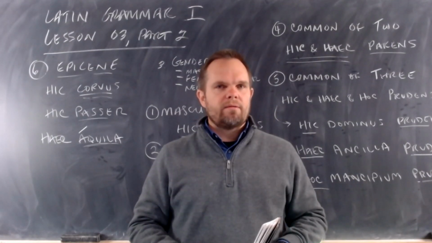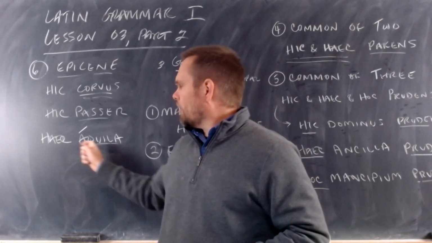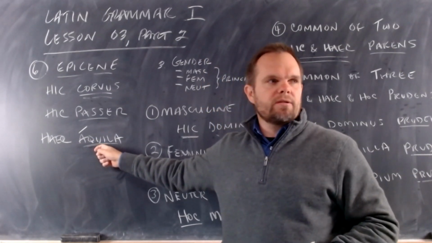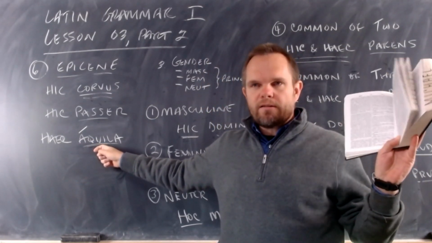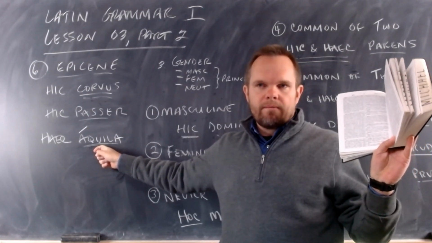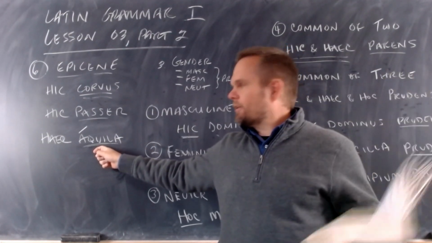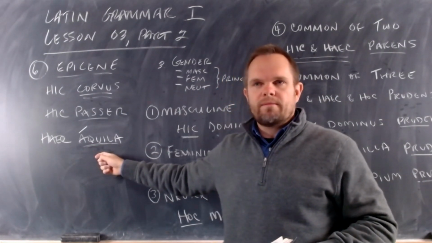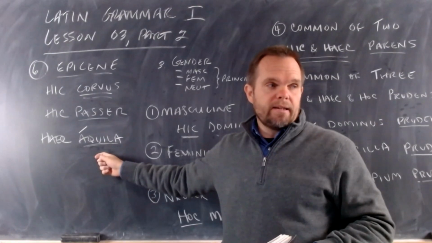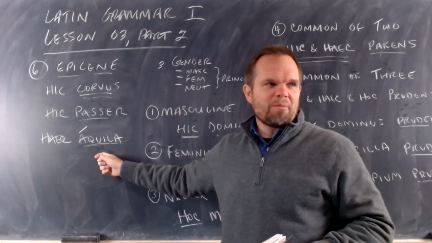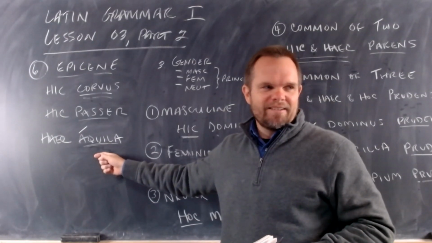You think you know? The accent. Well, yeah. How do I know if the accent goes here or here? That's my question. I just looked in the dictionary. There's no accents in the dictionary. But how do I know by looking at the dictionary that this is aquila and not aquila? I explained it the other day in Latin reading. You remember when I explained it, but you don't remember the rule, right? All right.